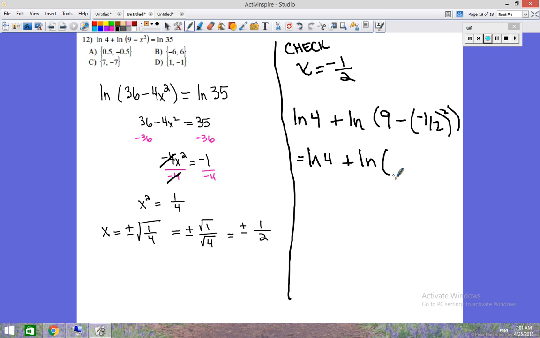Negative 1/2 squared, negative 1/2 times negative 1/2, is a positive 1/4. Let's rewrite the number 9 with a denominator of 4. 36 divided by 4 is 9. Subtracting 1/4, we have 35 over 4.